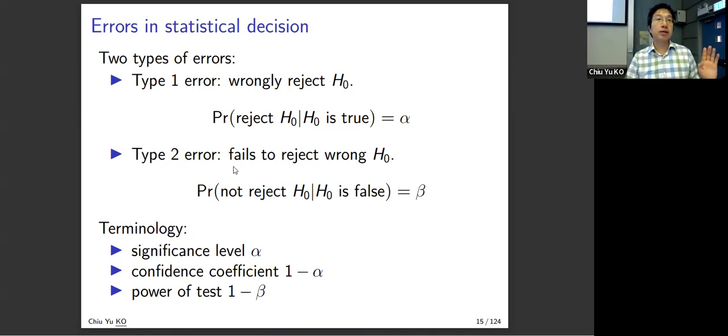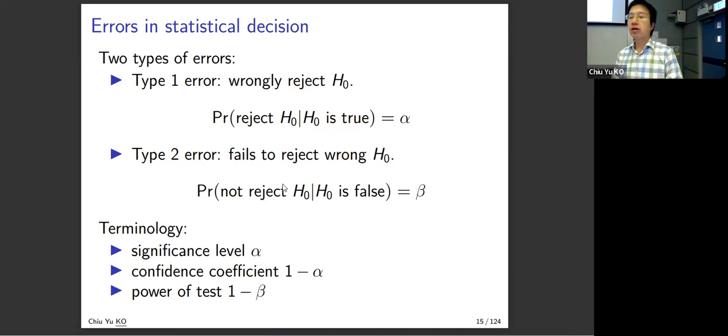Beta is something we can't control. But that being said, there are two types of error. If you reduce alpha, you increase beta. So there is no free lunch. If you want a smaller alpha, then you have a much bigger beta. So you may ask why have 5% alpha, why not 1% or 0.01, as small as possible?